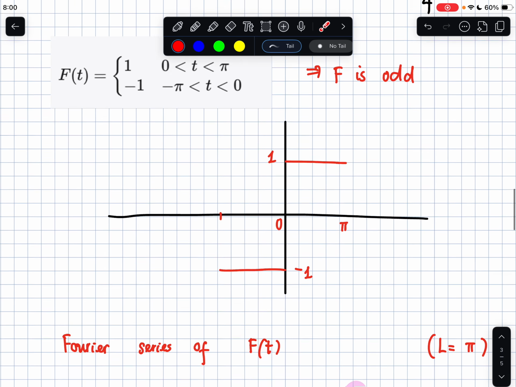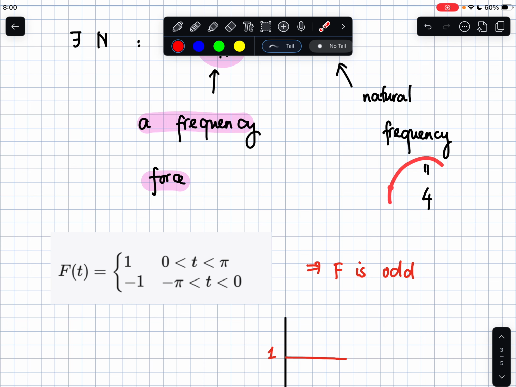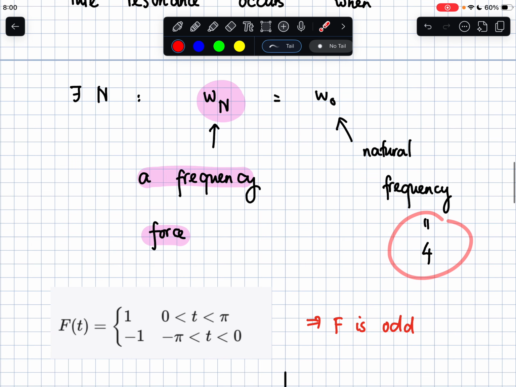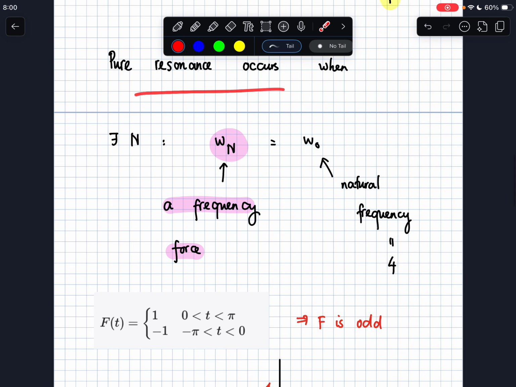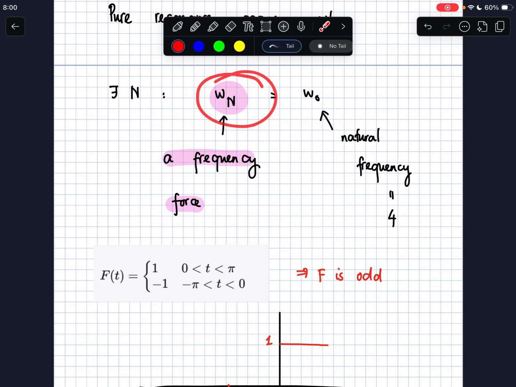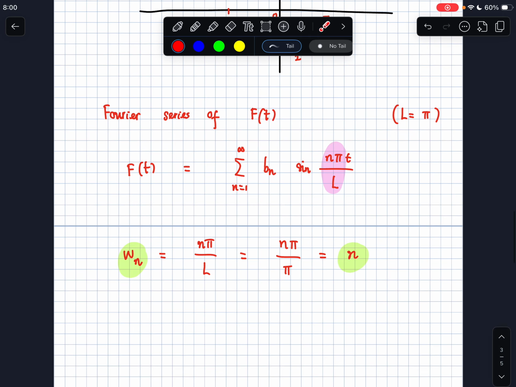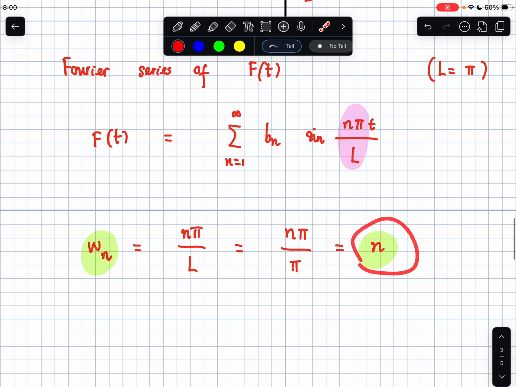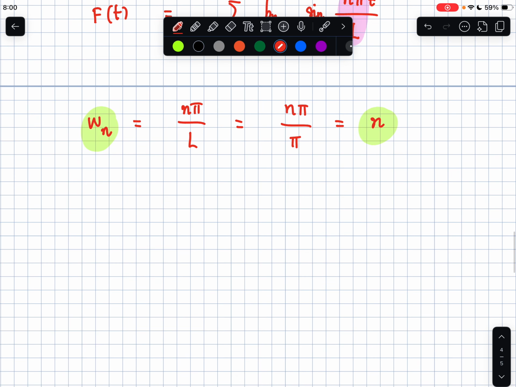Now we see that the natural frequency is given by 4. Pure resonance occurs when we have a match, so we need to see whether there exists an omega n equal to 4. Possibly, because omega n equals n. Whether there exists a natural number n so that omega n equals omega naught.